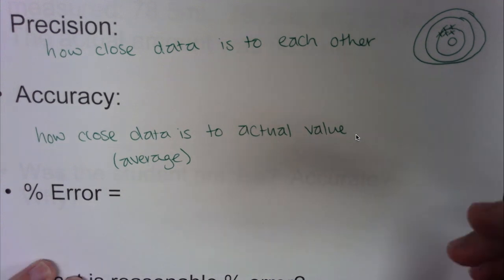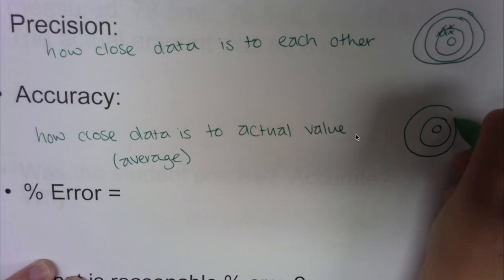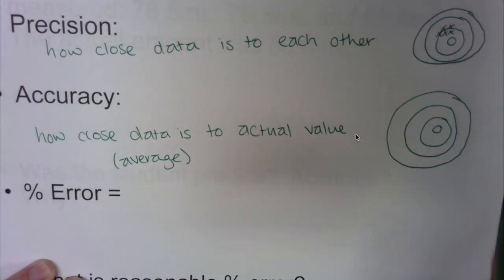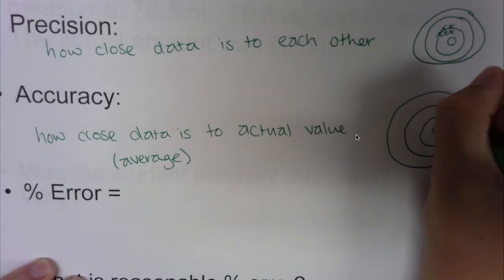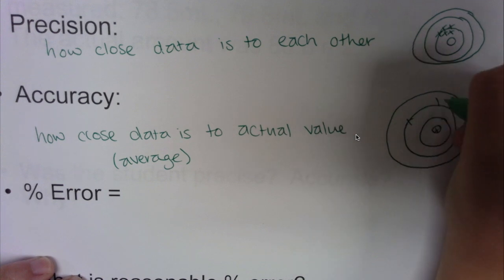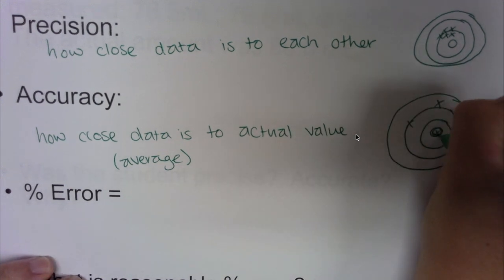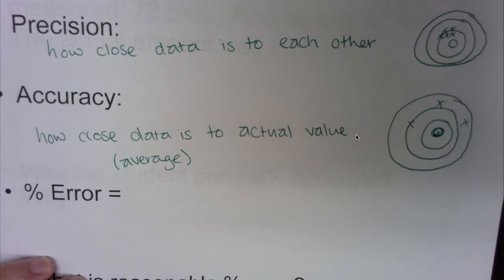But if we go back to our dart thing, my lovely dartboard, here we go again, and I would draw these pictures. Accuracy means that we want to get that bullseye. Even if you hit the points out here, if you hit this bullseye at least once, your data is accurate.